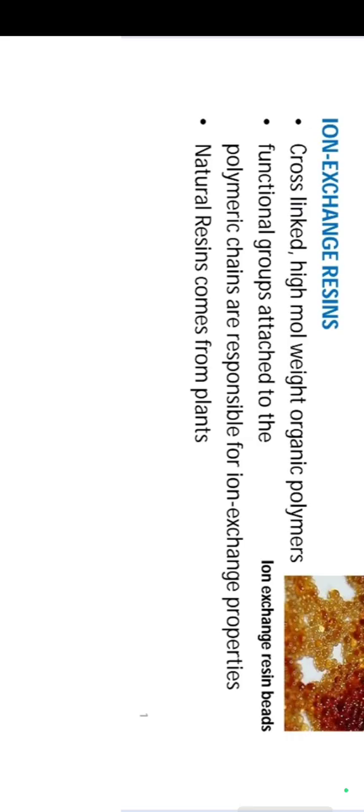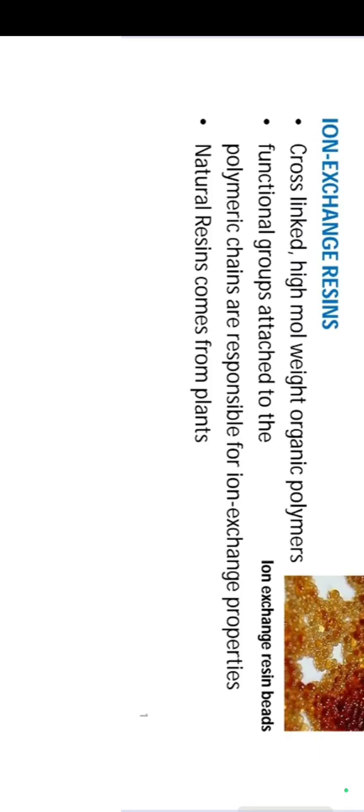So, we are using ion exchange resin. The demineralization process is carried out by using ion exchange resin, which are long chain, cross-linked, insoluble organic polymers with a microporous structure.